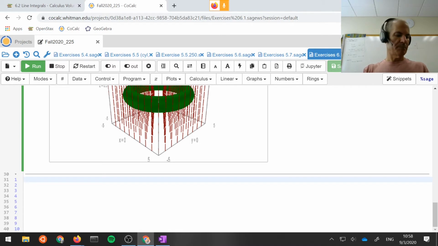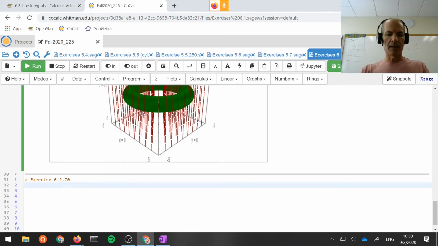Okay, this is exercise 6.2.70, and we'll do a numerical integral. See if I remember the syntax here.